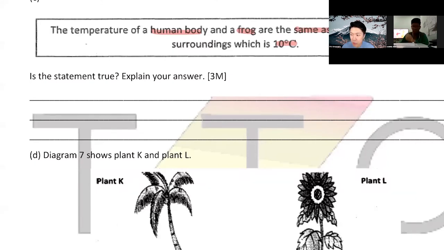Okay, so ready for the second one? Yeah. Okay, so this is how it looks like. For second one, you will say human are homeothermic. Okay, body temperature will maintain at 37 regardless of surrounding. So everybody take a look at your second one. Okay, there you go.